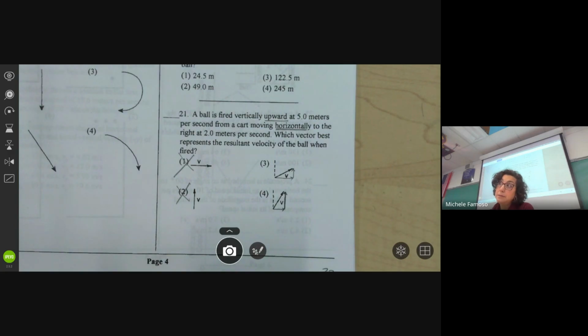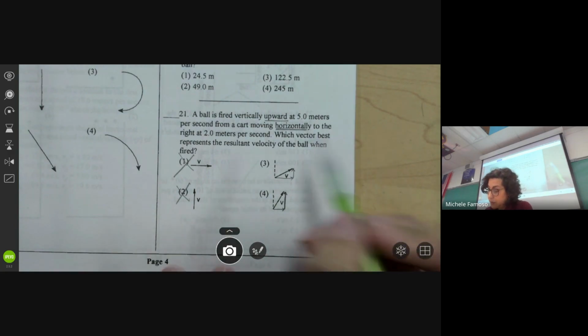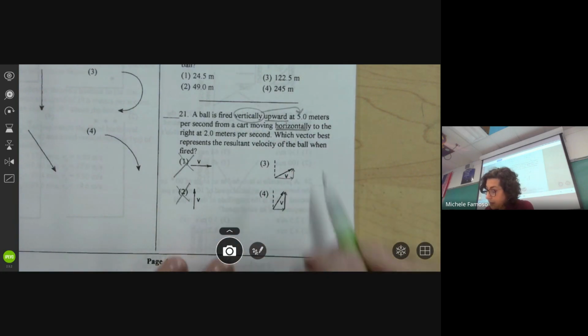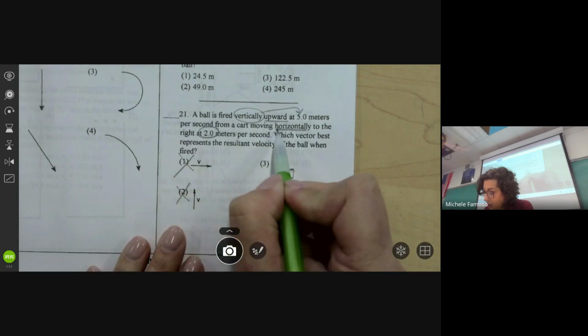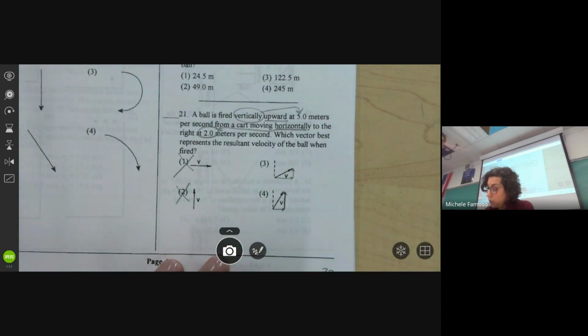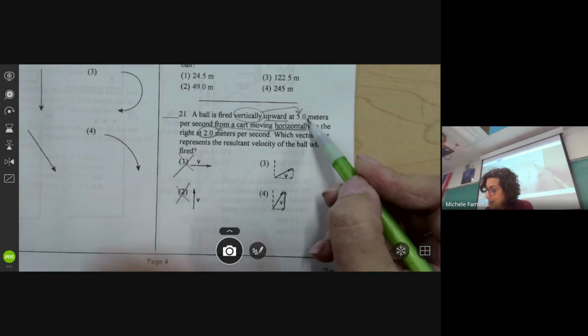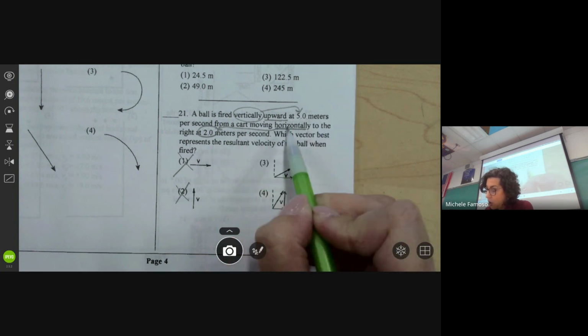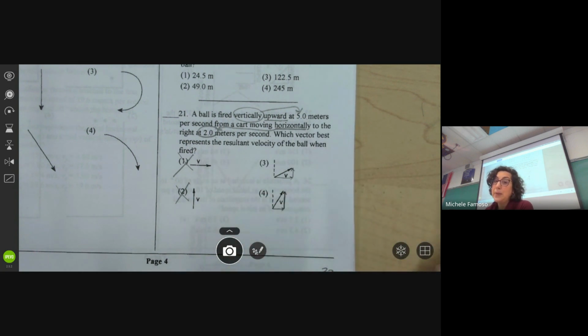Now it's to scale. Look at the values. The vertical value is 5 and the horizontal value is 2, which means the upward piece is bigger than the horizontal piece. Which one has a bigger upward piece? And that's your answer.